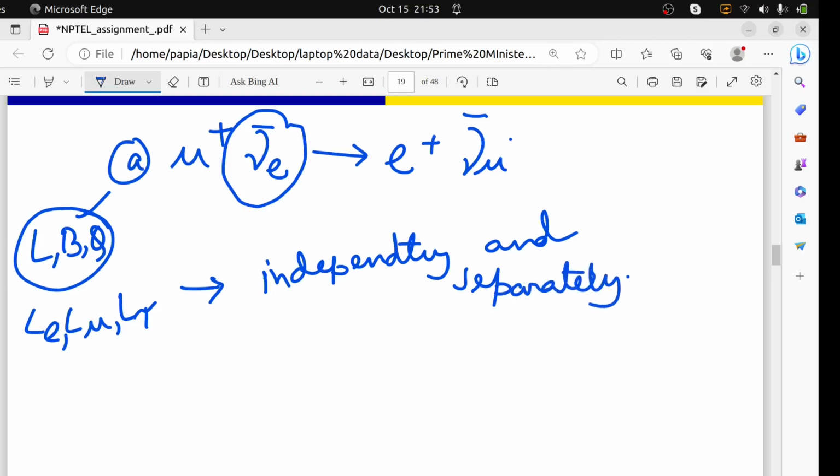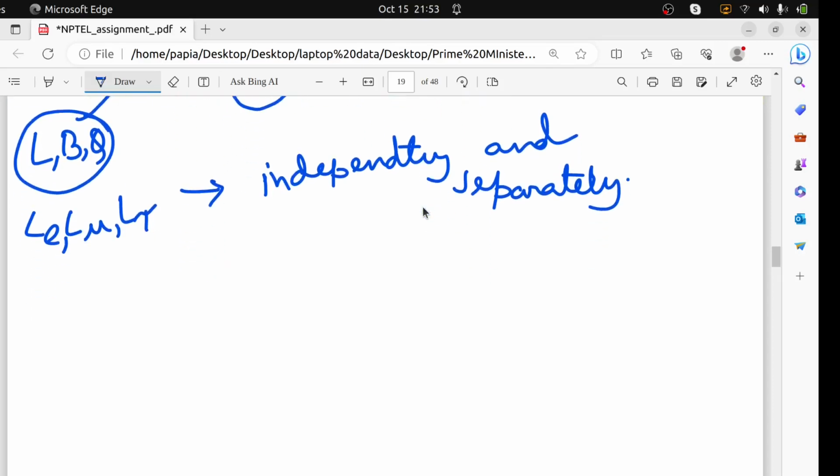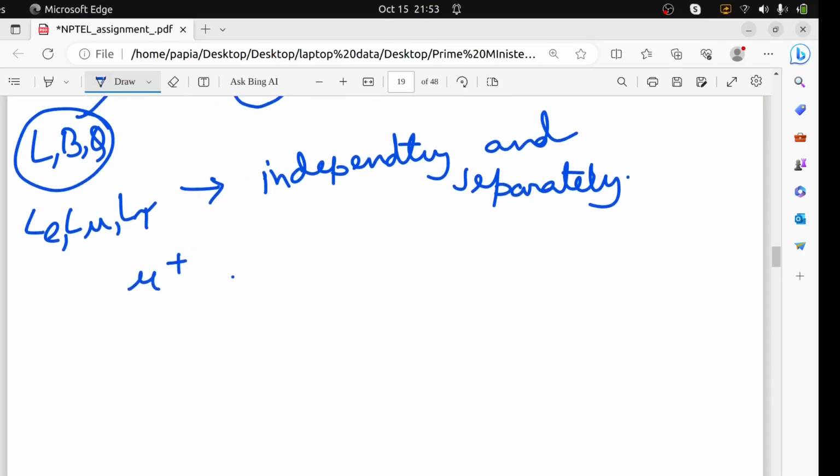So another condition is that lepton number, baryon number and charge should be conserved. Now we will check whether it is conserved or not.